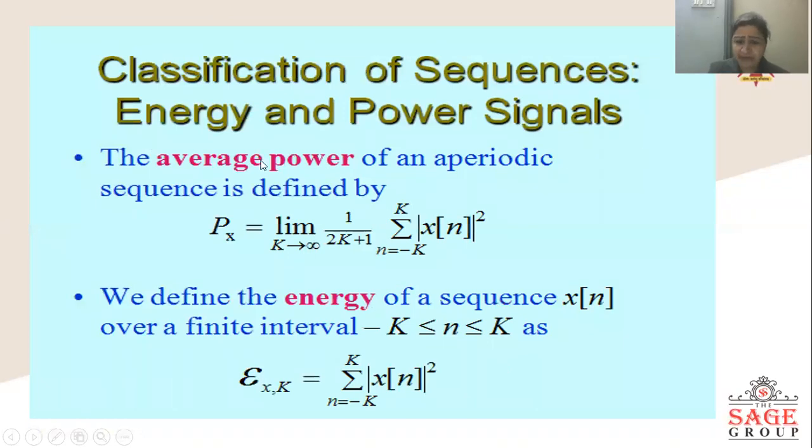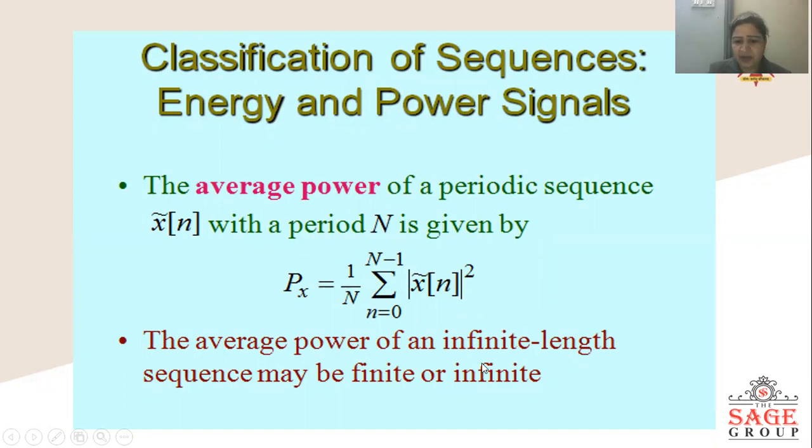Now, the average power of any sequence is represented by the limit K tends to infinity of 1 upon 2K + 1 times the summation n equal to minus K to K, that means it is taken over a period 2K + 1, of the square of the magnitude of x[n]. We define the energy of a sequence over a finite interval with the same formula as the energy, but the limits are from n equal to minus K to plus K.